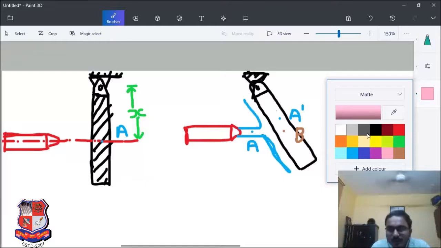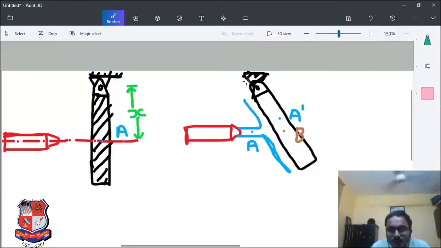So let us say that this is the vertical line and this is the axis of the plate. Let us say that this angle is theta. Again, this is the angle of the axis of the plate with the vertical direction.